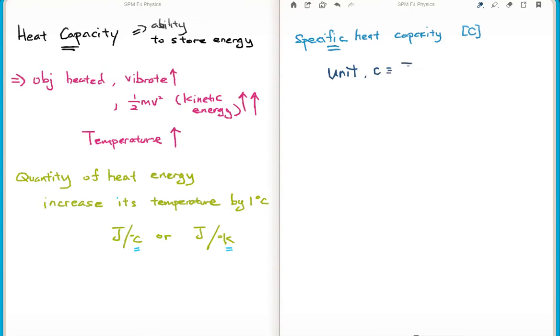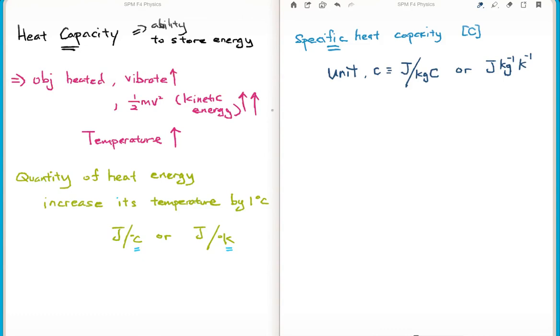the amount of energy required, quantity of energy required to increase 1 kg by 1 Kelvin or 1 Celsius. Or put another way, to express it, amount of energy per kg per Kelvin.